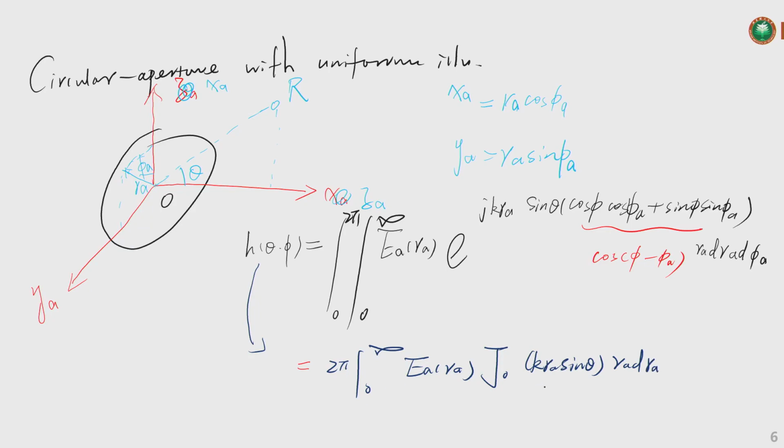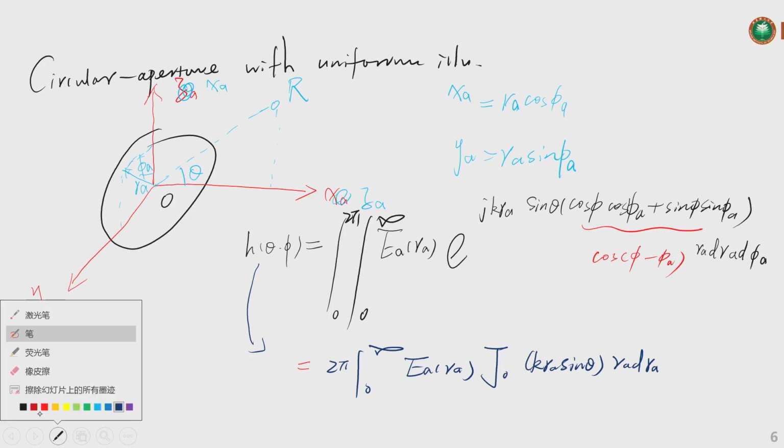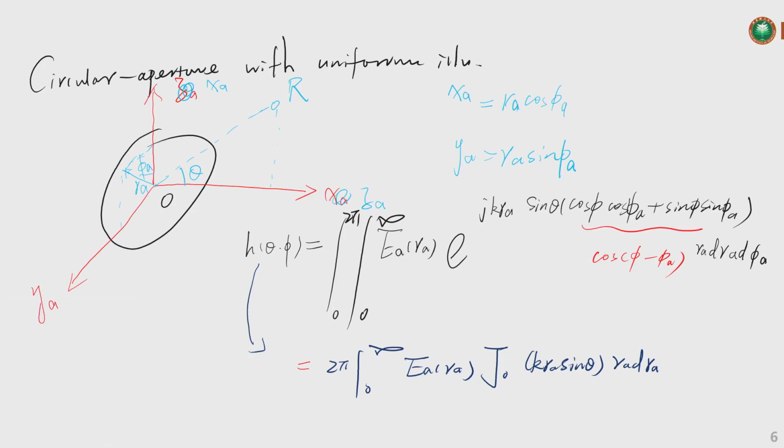Because it is symmetric over the phi A axis, we can also use this part to represent the formula, because this is the zeroth order Bessel function.